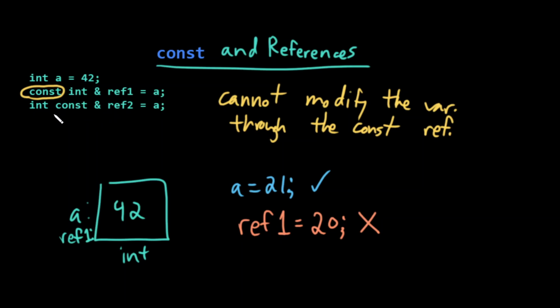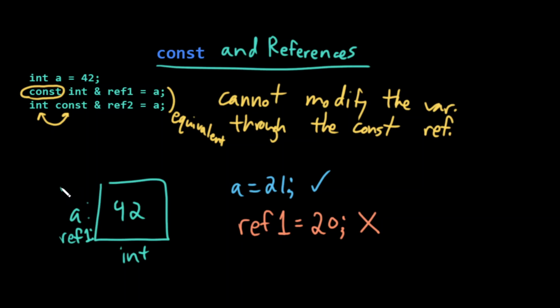On this third line, ref2, all I've done is swap int and const, and this is totally fine. These are the exact same thing, so these are equivalent. I can put const int or I can put int const. Either way, this creates a const reference to whatever variable this is.